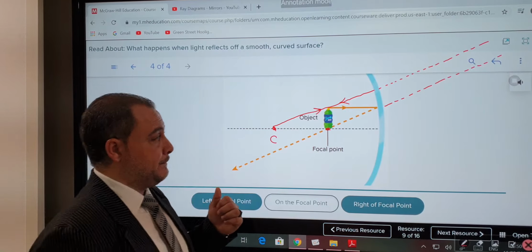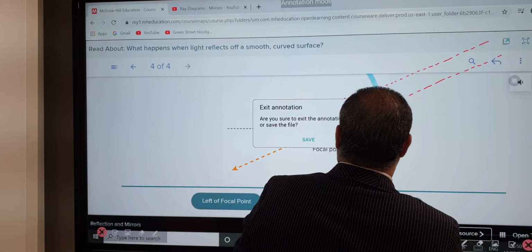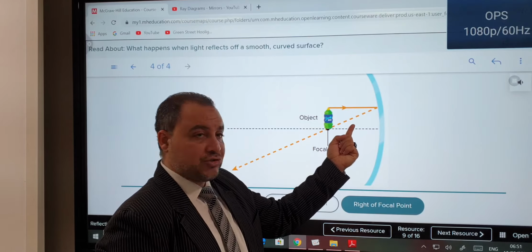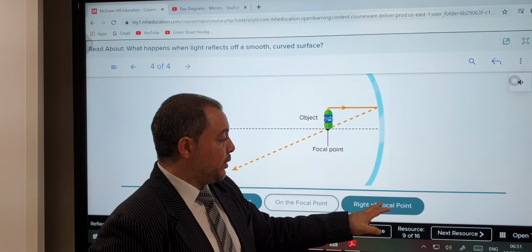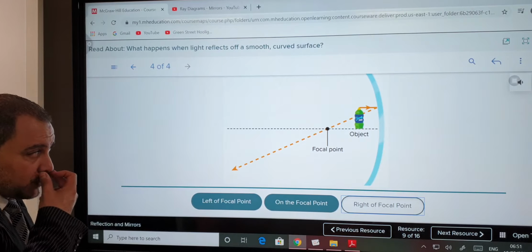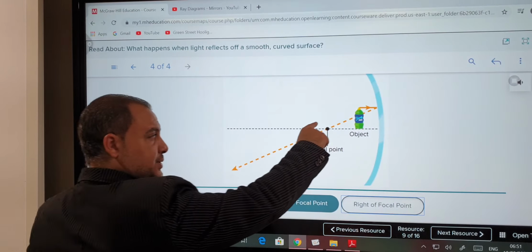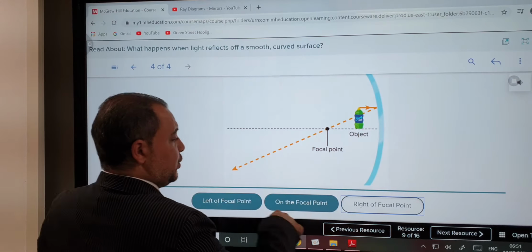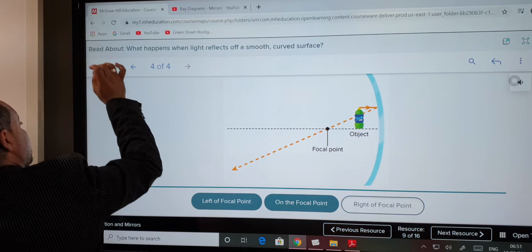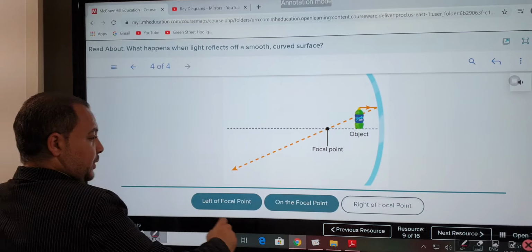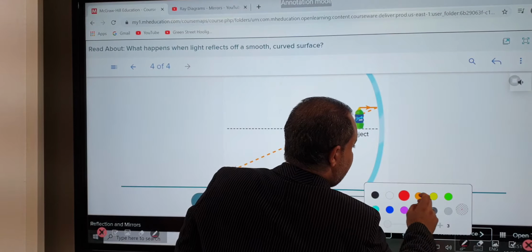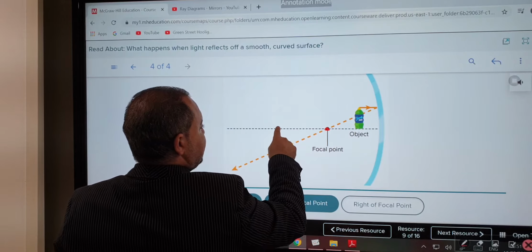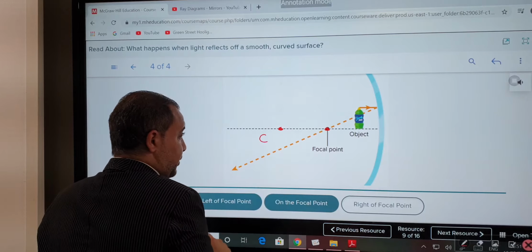Is it okay? Understand? After that, what happens if you put the object at the right of the focal point? This is the first ray, it will be at this. If you draw another ray, this is the focal point, we said, and this is the center.